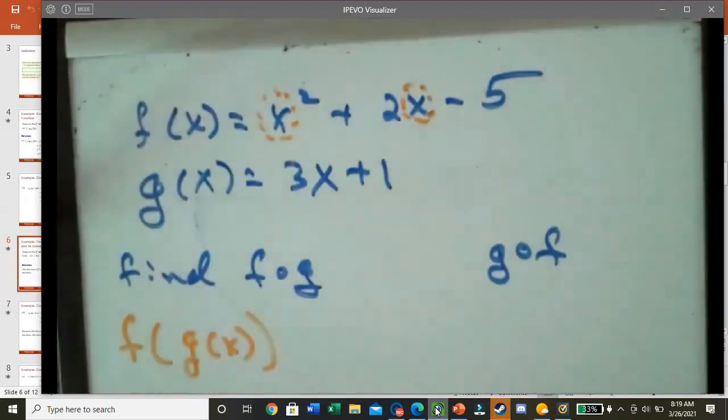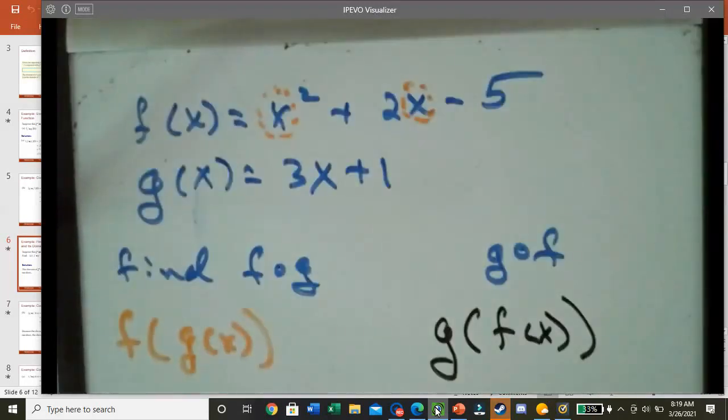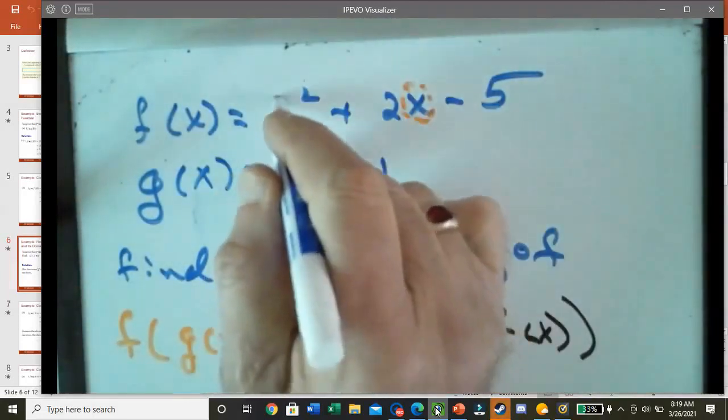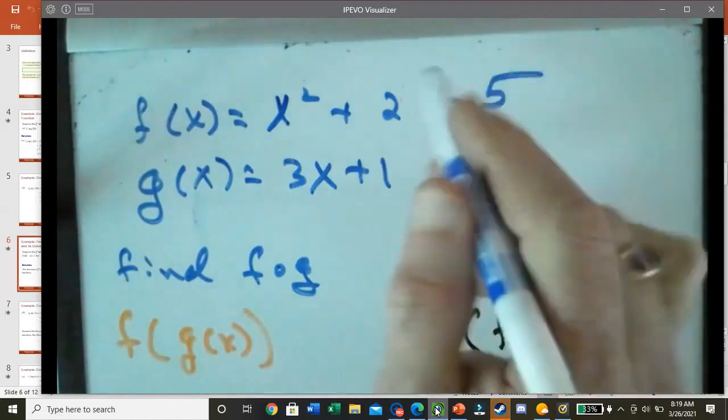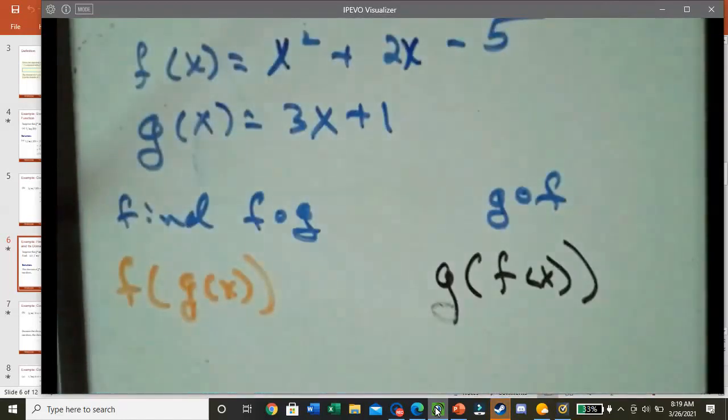Okay, so we did f composed with g. Now we're going to do g composed with f of x. Okay, all right, so let me erase this and erase this. Okay, so what do we do now?